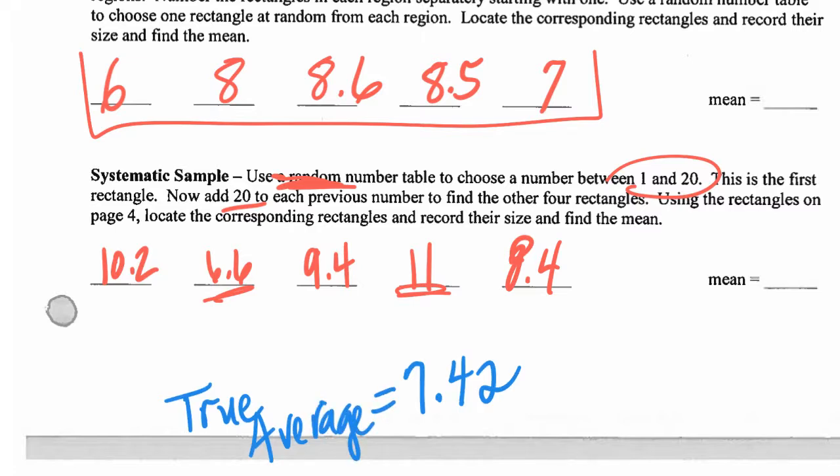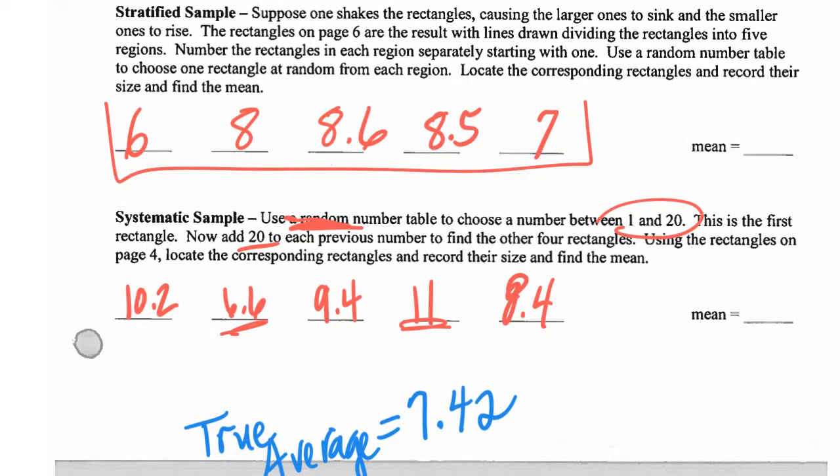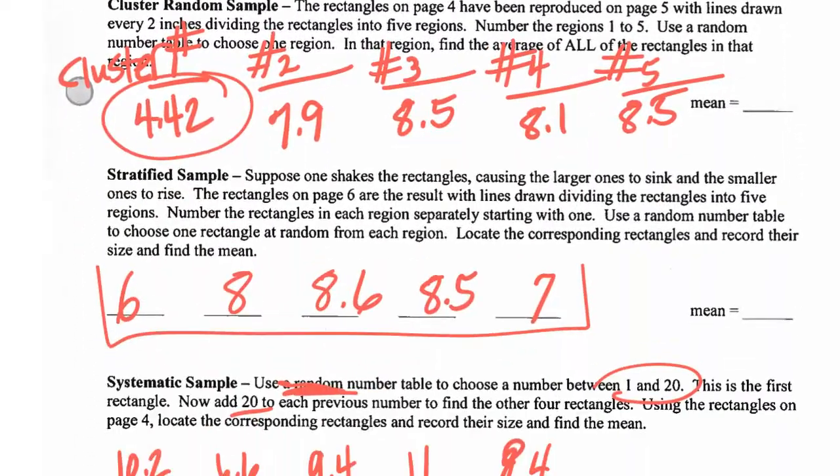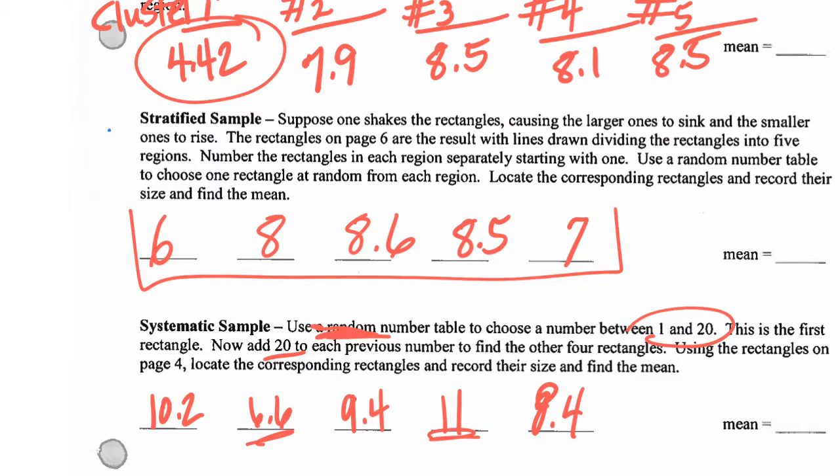So let's take a look at our sampling methods and see which ones seem to be the best, closest to that representative sample of the population of 7.42. And I think we can clearly see that stratified was the best for this situation. And I'm telling you, that happens year after year. Stratified is always showing up to be the best for this situation.